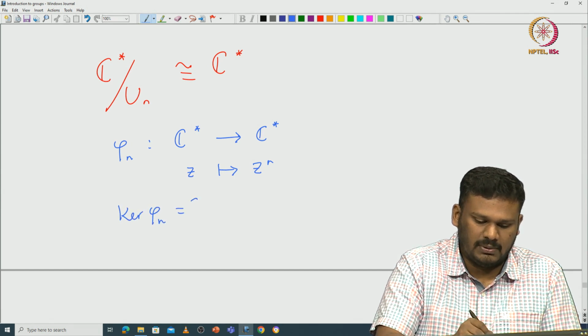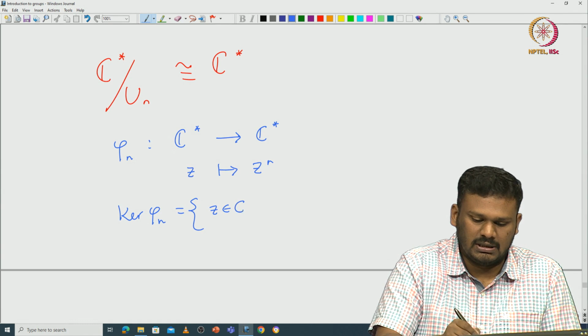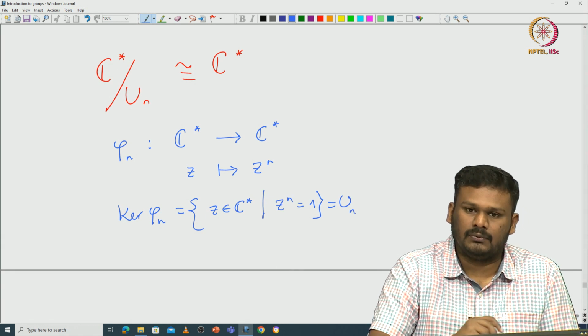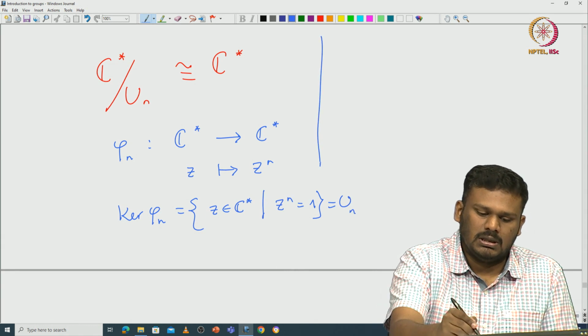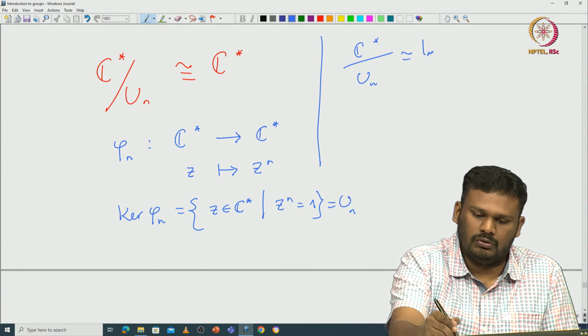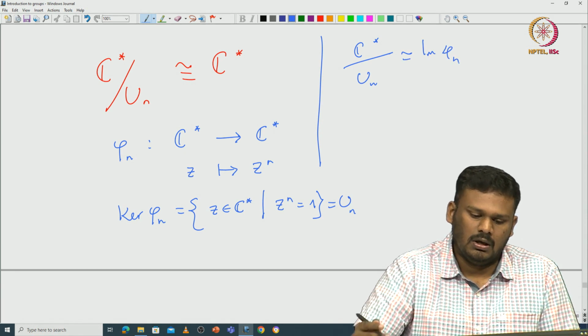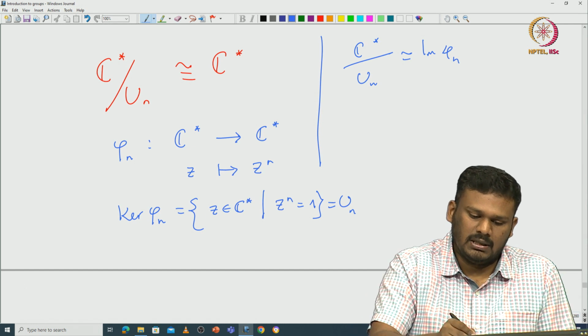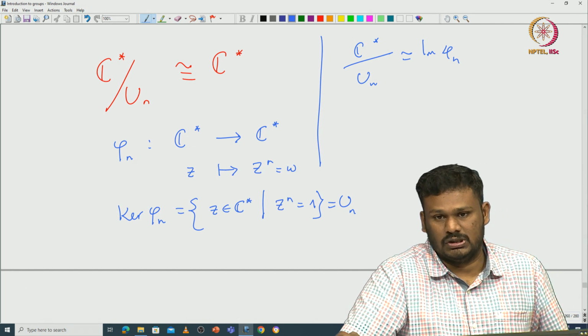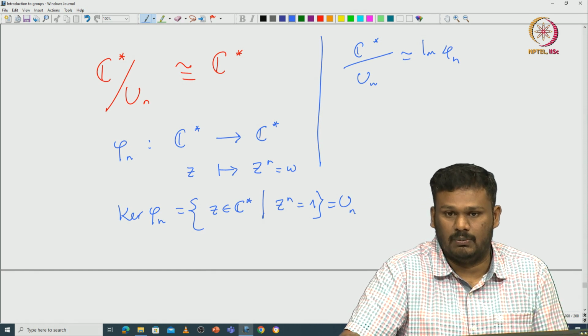The kernel of this map is those z in C star such that z^n is 1, so this is exactly U_n. That means C star modulo U_n will be isomorphic to the image of phi_n. But if you think about it, z^n = w will always have a solution for any complex number w.